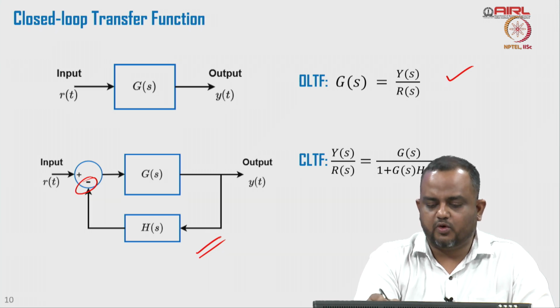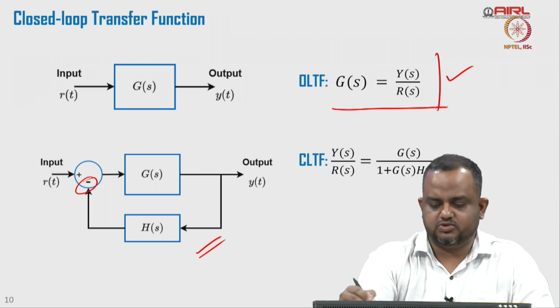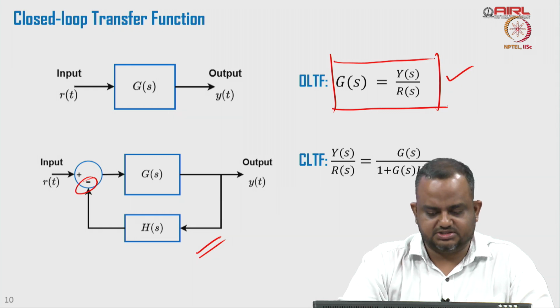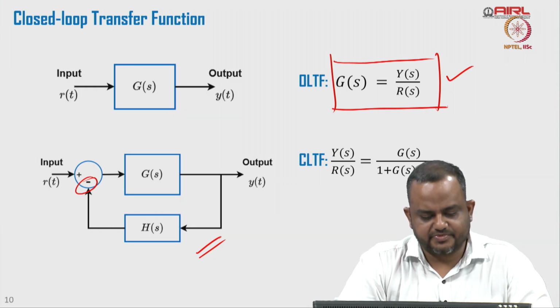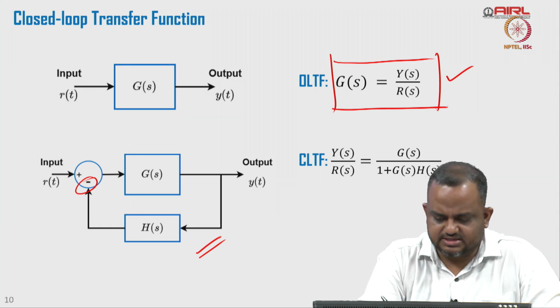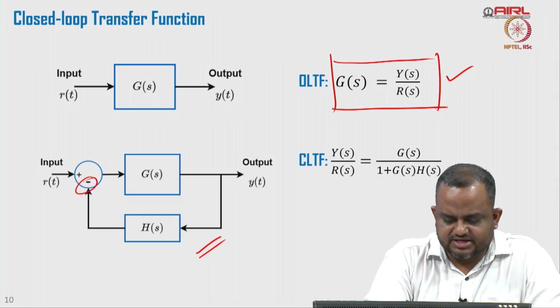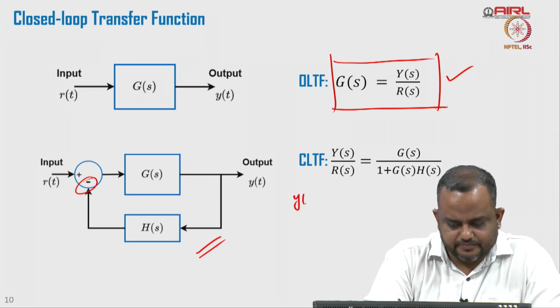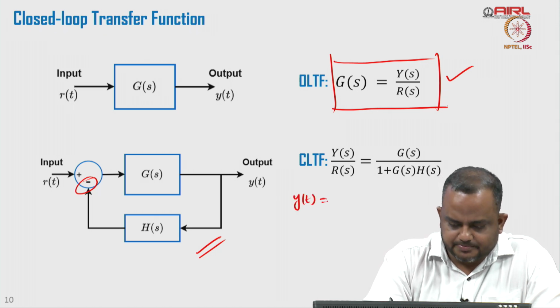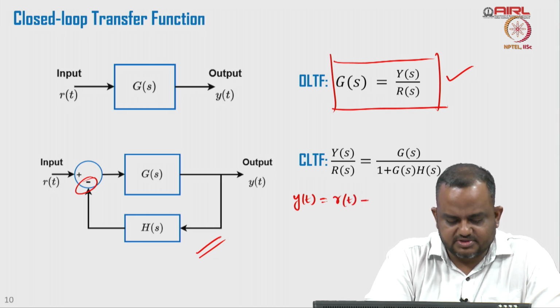Now, in the case of open loop transfer function, we have seen that this will be the transfer function structure. So, what happens in the closed loop? Fine. We can derive it like this. See, we are getting y t. What is y t? Y t is equal to r t minus this signal.